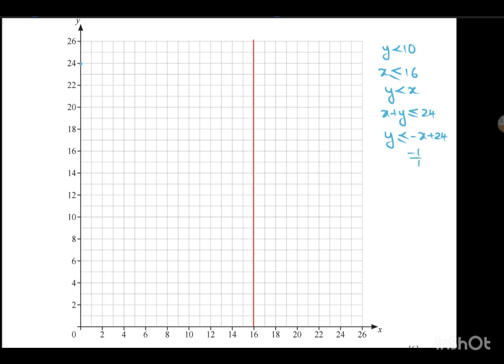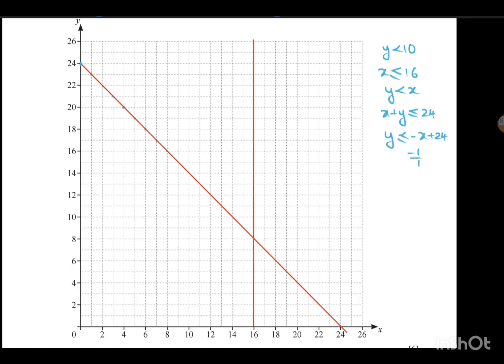So every box go down one, right one. So this will be the line which will connect these dots. You can use your ruler, connect this and extend it through these dots. Yes. Now next is y is less than or equal to x.